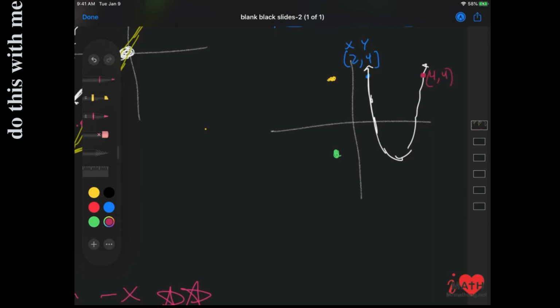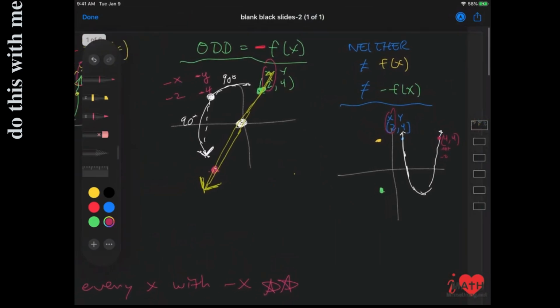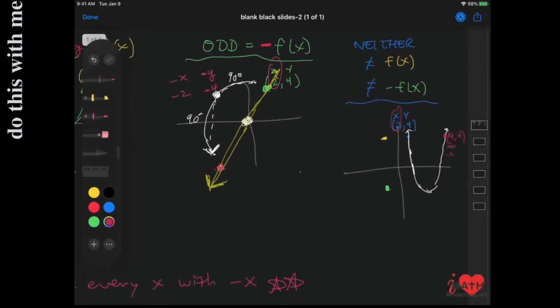If I take the opposite of x, which would be negative 2, this is not negative 2. Although I get the y value, I'm going to take the opposite of x, and I get neither the same nor the opposite. So remember, graphically, this would be a neither.